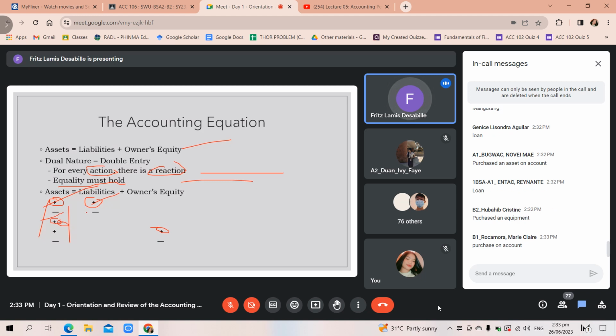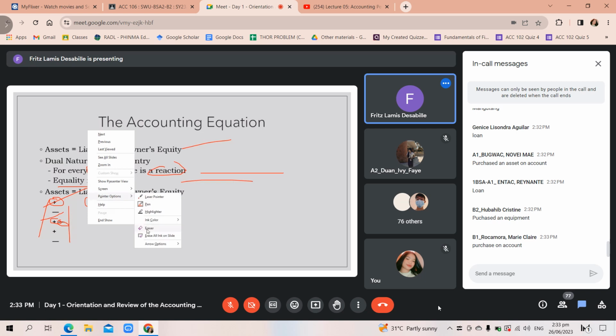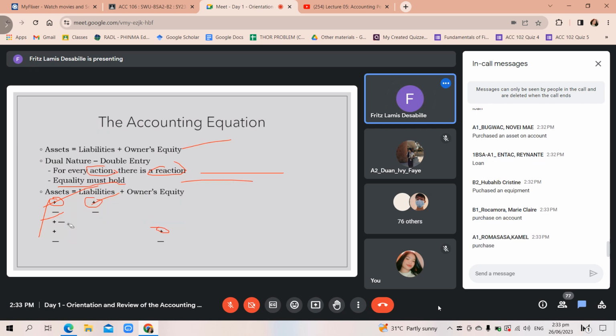Now unsa ni siya nga example sa increase in one asset but there is a decrease in another asset. Sa example ana, purchase, di ba? Kung mo-purchase ka, unsa nagka-increase? Increase imong inventory. Pero since nag-purchase man ka, purchase in cash ha.